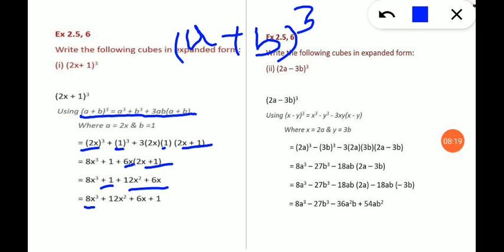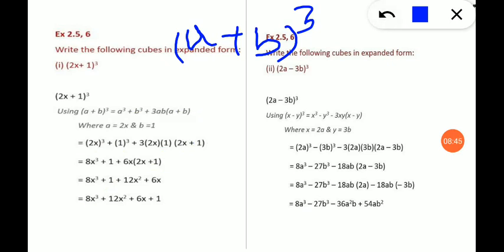Polynomial in standard form means the powers of variables are in decreasing order, like first cube power, then square power, then 1 power, and then 0 power. Understood?